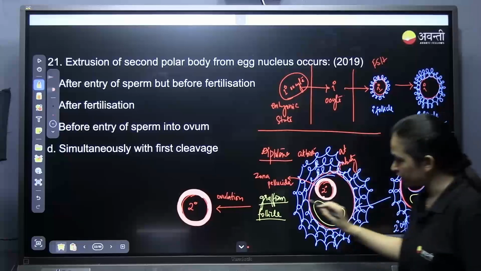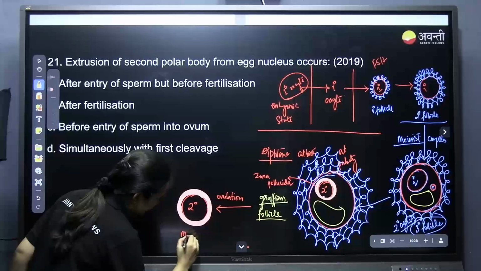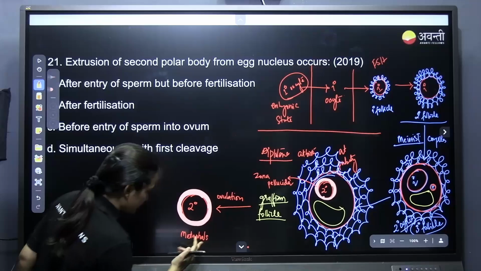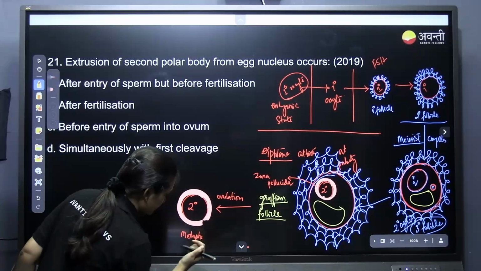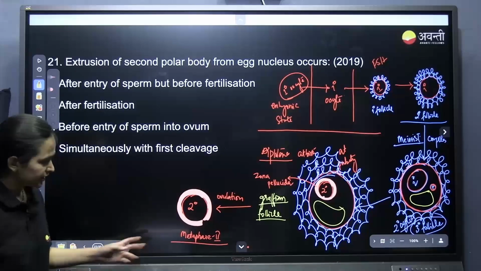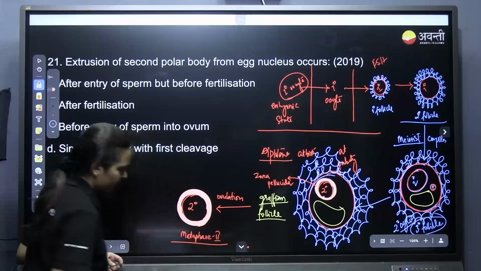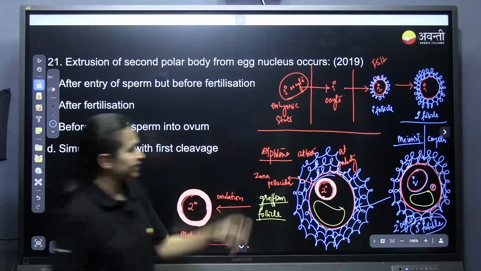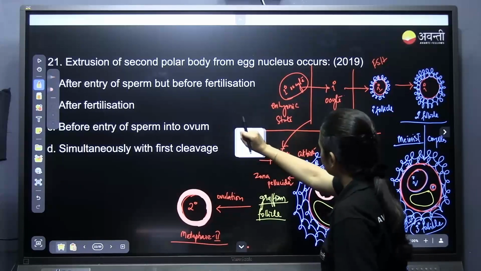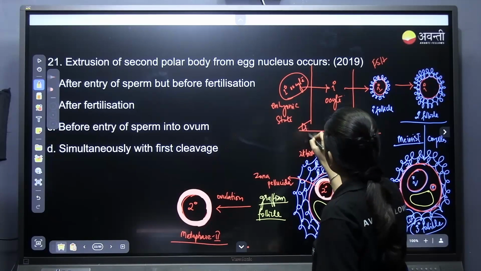Here meiosis 2 is going on. This secondary oocyte is arrested at metaphase 2. The primary oocytes were arrested at diplotene.